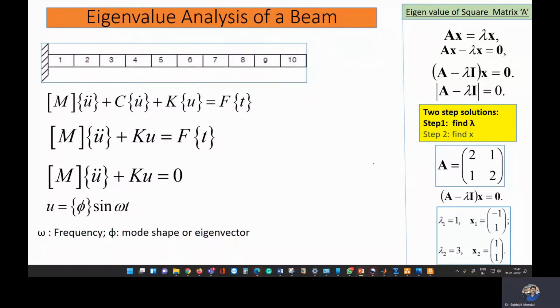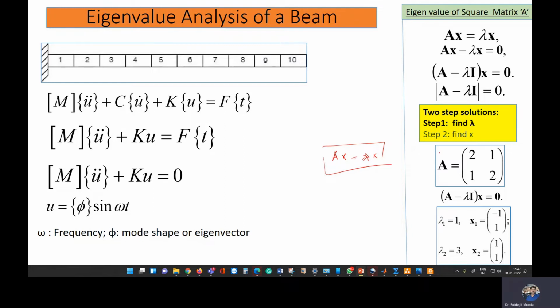It gives the same vector with some multiplication constant.